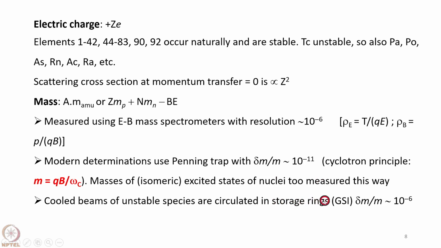This has been done, for instance, in the GSI lab in Germany, and there you can get mass resolutions of the order of 10 to the minus 6. But here you can do this for things with lifetimes of the order of 100 microseconds.